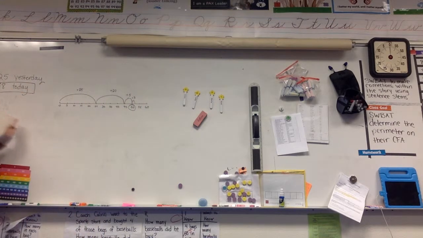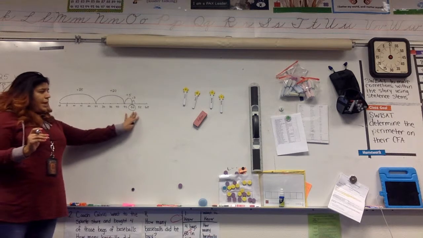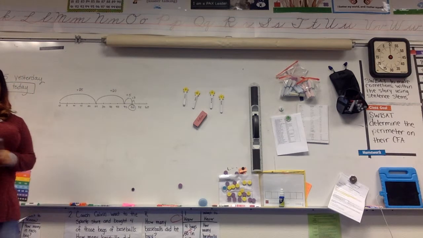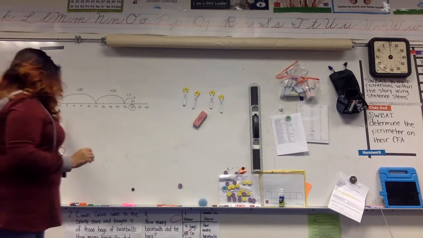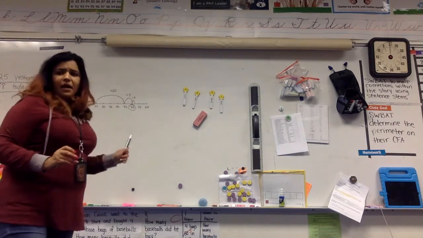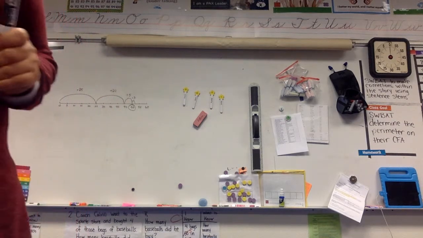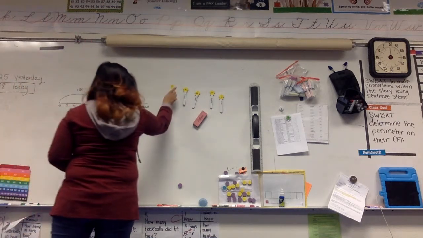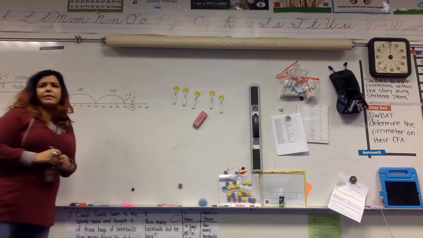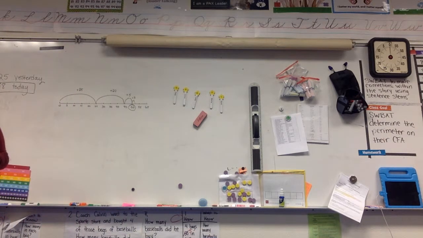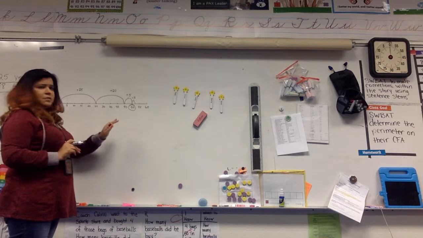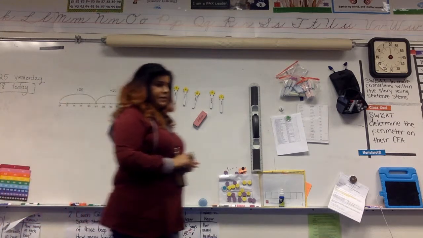Okay, so how many minutes did he read altogether? So it should be whatever number we ended up on our number line. Daniel, what number did we end up on our number line? We didn't end up on 50.